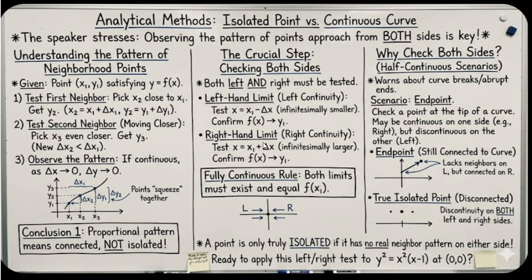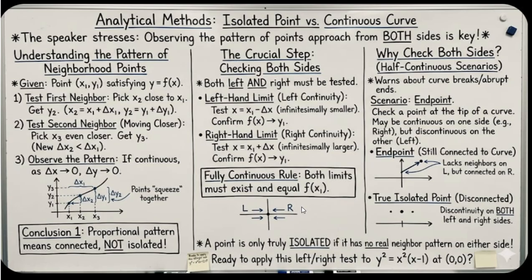If there is no left continuity and no right continuity, we can directly say the point is discontinuous on both sides, and it is a true isolated point. This is how we understand that a point is truly isolated only if it has no real neighborhood.